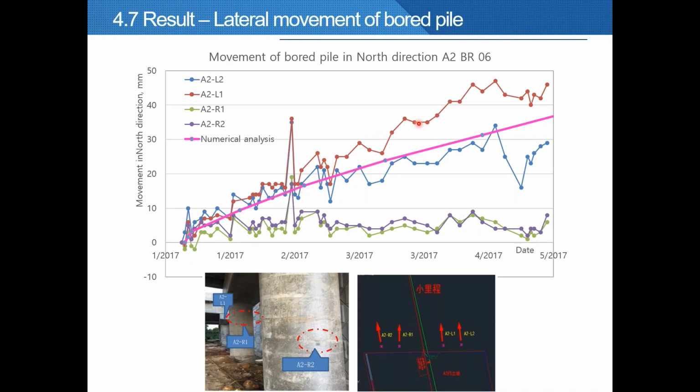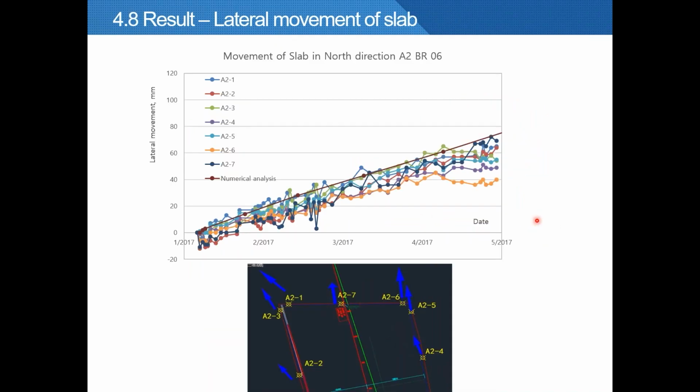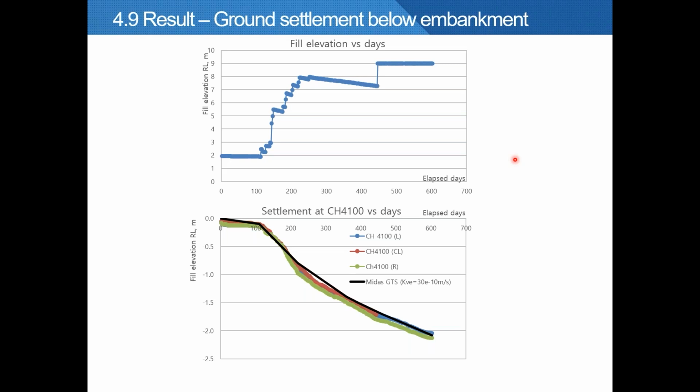This is the measurement. Similarly, our model was able to match the lateral displacement of the slab at the abutment for the same period of time. This is our simulation. These are the measurements. Our model was also able to match the consolidation settlement versus time below the embankment.